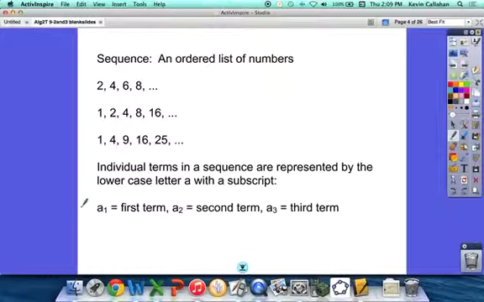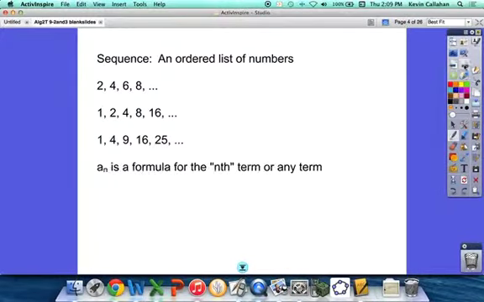Good? Ashley, Burton? Okay. Now, if you notice in each one of these, there actually is a pattern. And if you could write a formula that represented the pattern, that would be the formula for the nth term. And it goes by A sub n.